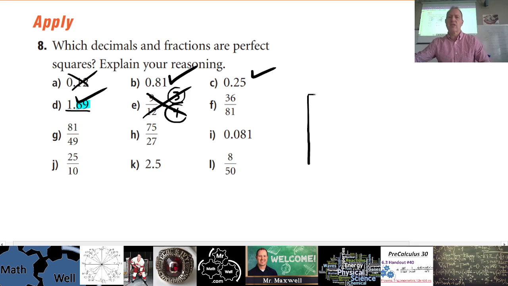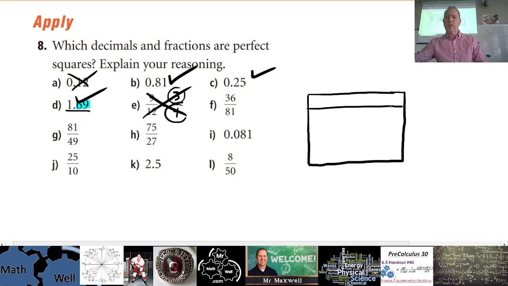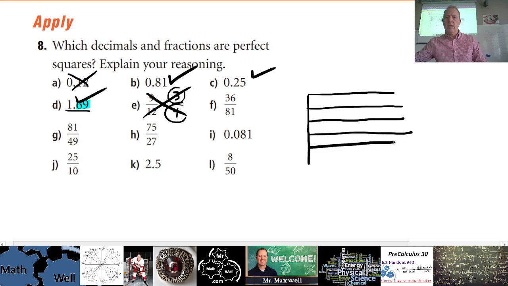Can we make a square that has 12ths? No. I can't even make a perfect square that has 12ths. Let me make a rectangle with 12ths. So 12ths, you know what I mean? 1, 2, 3, darn it. Okay, so I'm not very good at doing that this week.